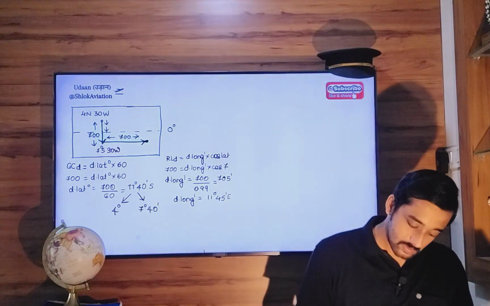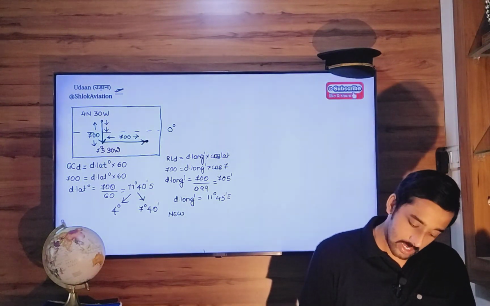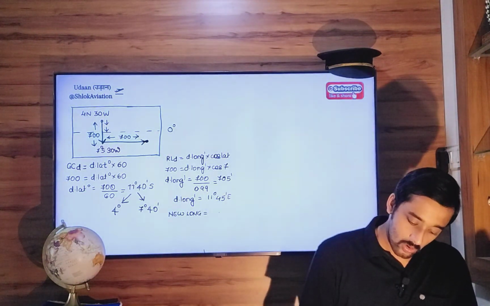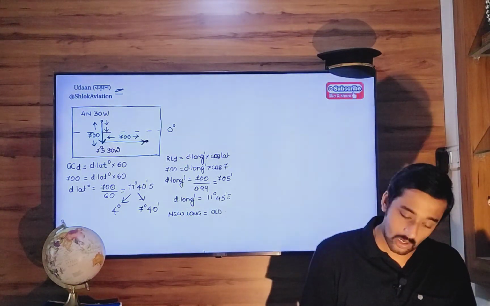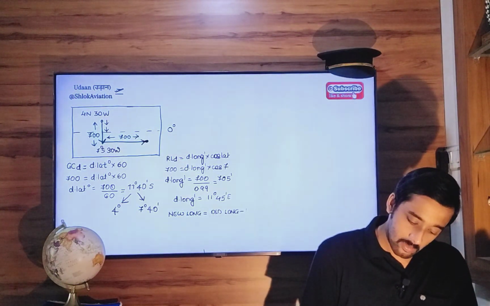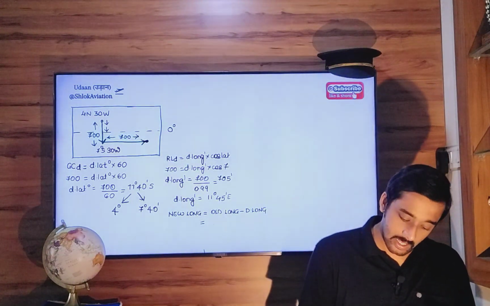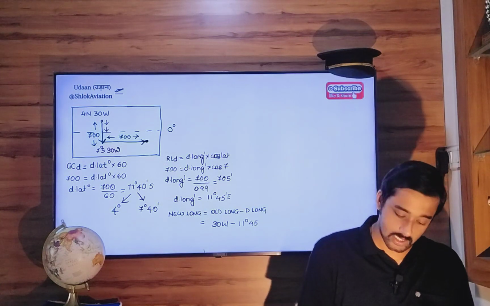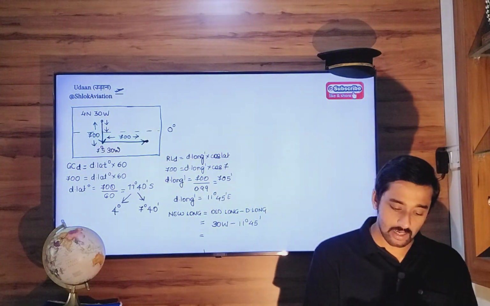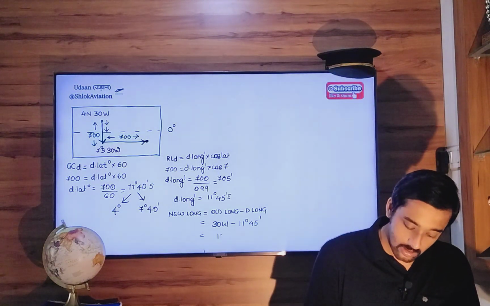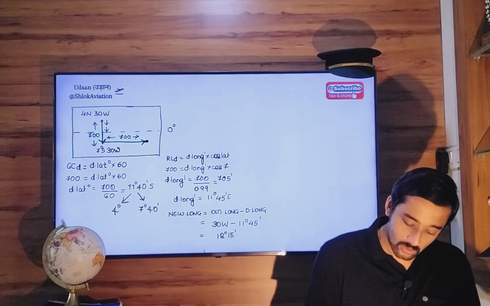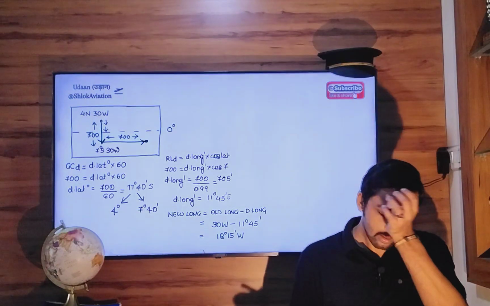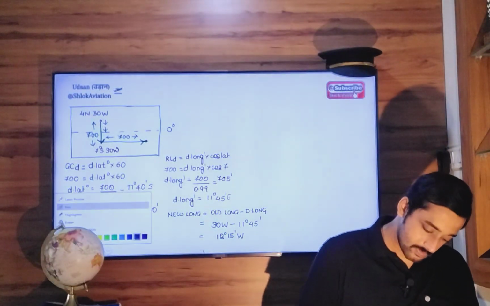So new longitude will be old or initial longitude minus d long. What is the initial longitude? 30 degree west. What is d long? 11 degree 45 minutes. So 30 degree west minus 11 degree 45 minutes is 18 degree 15 minutes west.